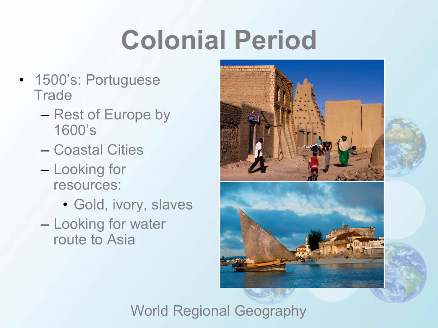This was focused in coastal cities. And the Europeans were looking for resources. They were looking for gold, ivory, slaves. And they were also looking for a water route to Asia. So, of course, now we have the Suez Canal, but that was constructed later. They were trying to figure out a way of getting there without having to go around the Horn of Africa.